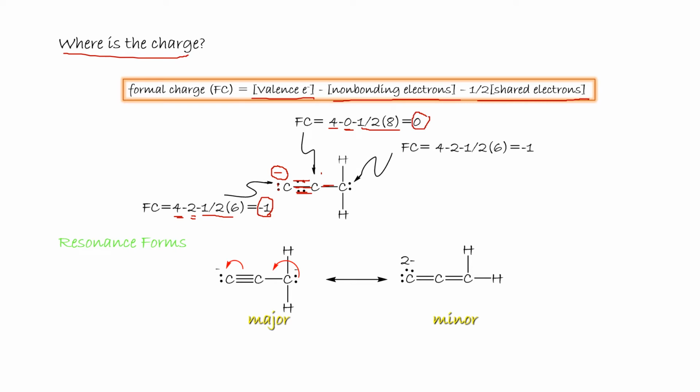The formal charge of this carbon is 0. Come to that one, carbon 4. Yes, we have 2 non-bonding electrons. How many bonds? 1, 2, 3. So half of 6 electrons in bonding, minus, so this one has a negative charge.